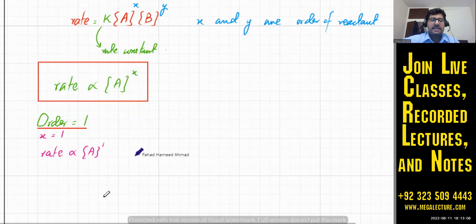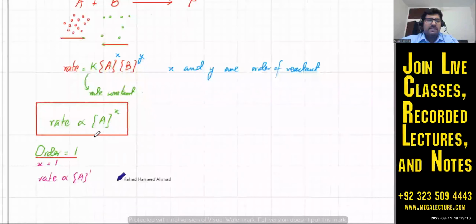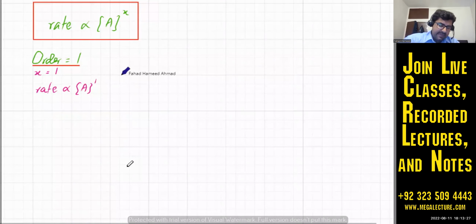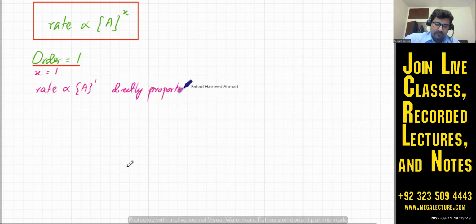So what this represents is that the rate depends on the concentration of A, but it's directly proportional. Power 1 means you double the concentration of A, the rate of the reaction will also double. So that's a linear relationship. The first one over here, order 1, means it's directly proportional.